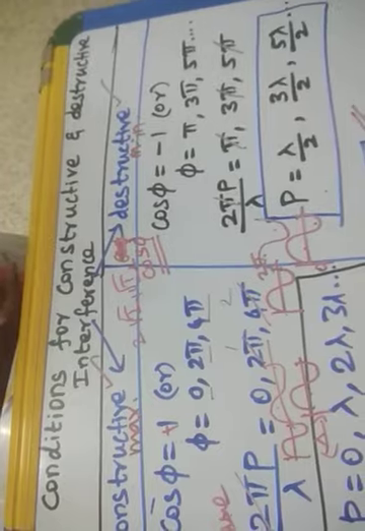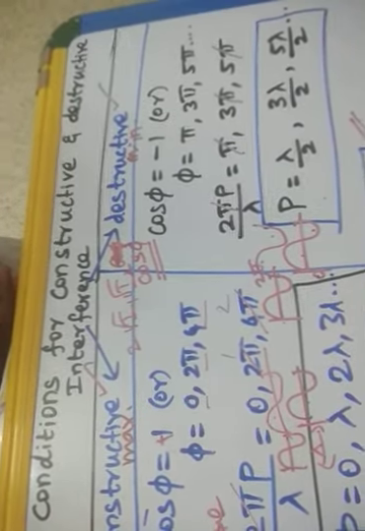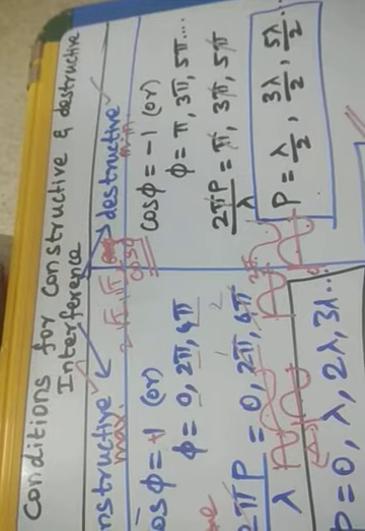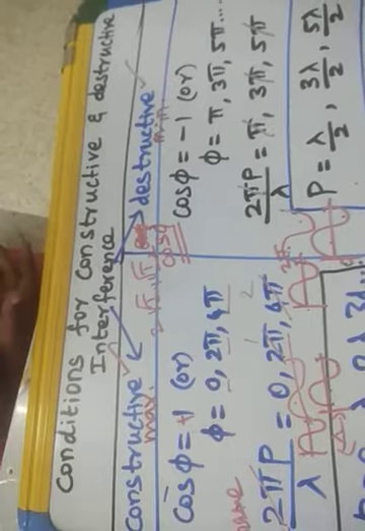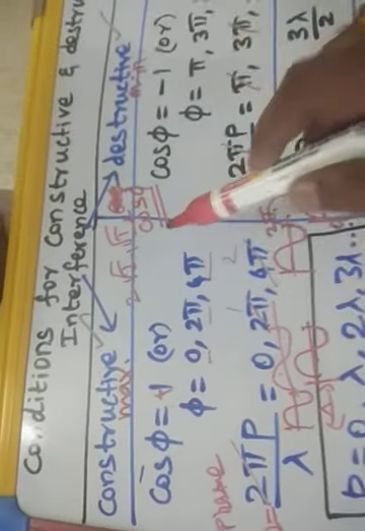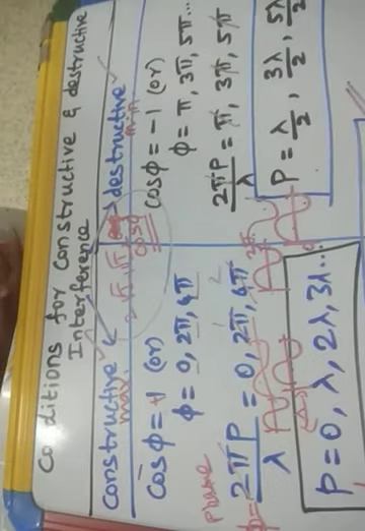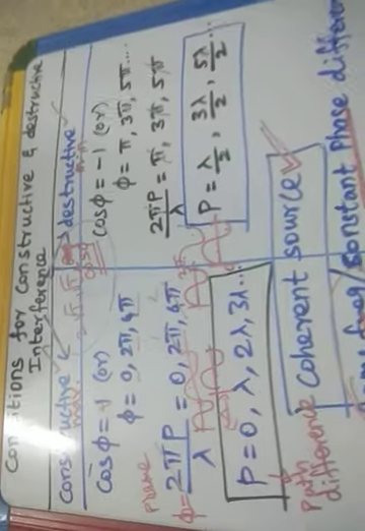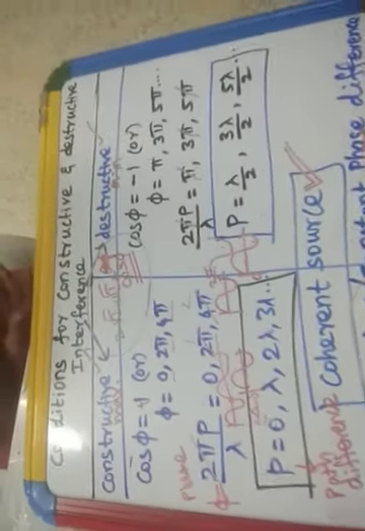One might say that only a bright fringe would come, but Huygens' wave theory says the addition of two light waves gives both bright and dark fringes because of this interference term. So understand the concept clearly and then it will be easy for you. Important conditions for constructive and destructive interference.